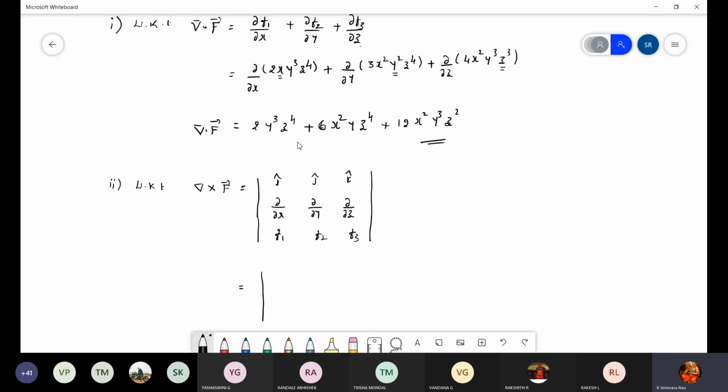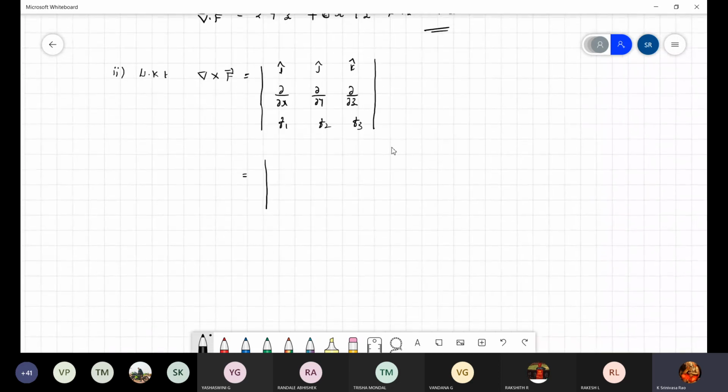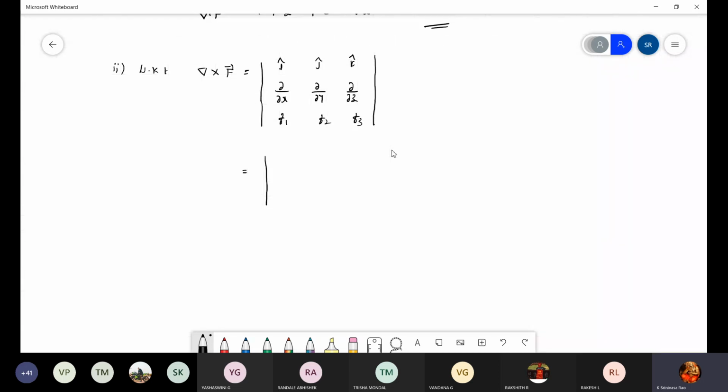Now the determinant also. Don't draw both the lines at a time, and don't restrict it within that, because the equations f1, f2 may be lengthy. So leave some space, and I will write like this: dou by dou x, dou by dou y, dou by dou z.